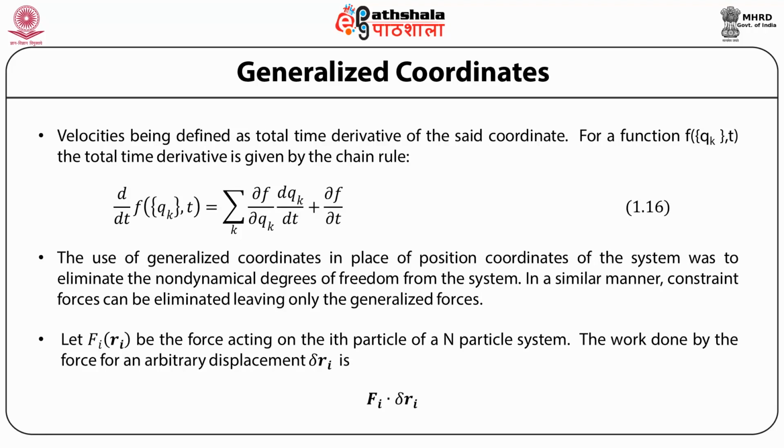So the work done by the force for an arbitrary displacement delta ri, you remember, is force into distance. So the work done by the force Fi acting on the ith particle when the ith particle position is displaced by an infinitesimal amount delta ri is Fi dot delta ri.